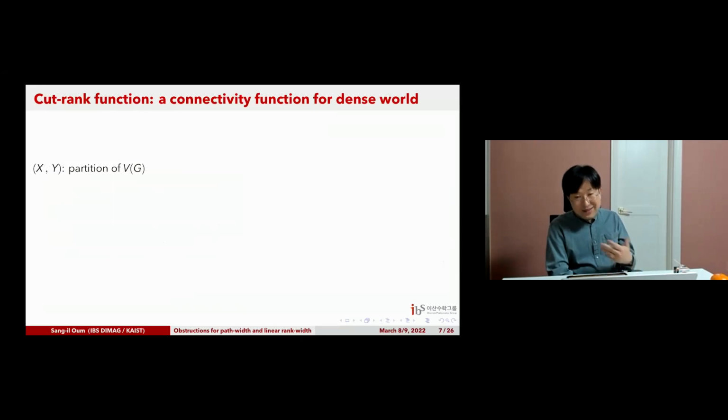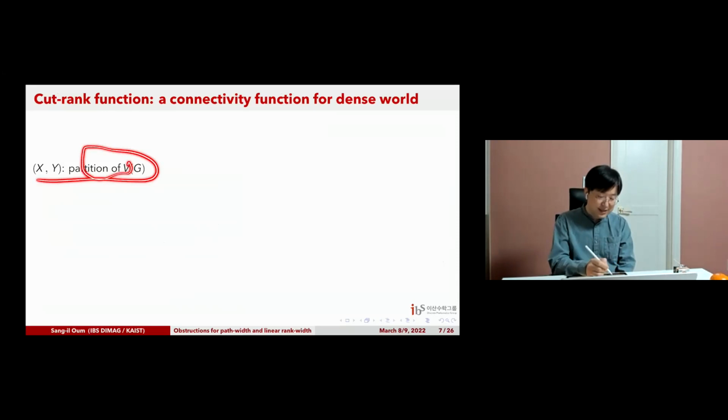And then there's a different way of defining a connectivity function on graphs. Instead of considering a partition of the edge set, now we consider a partition of the vertex set.